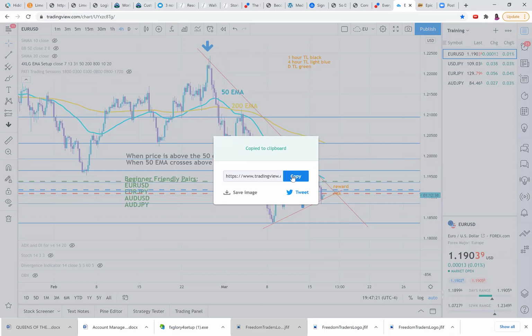That's how you would post it to the IOP study group or IOP discussion group. Come up to the camera, click copy, and then go to the appropriate Telegram group and paste, and it'll be a link and we'll see the actual picture. So that's how you can share your markups.